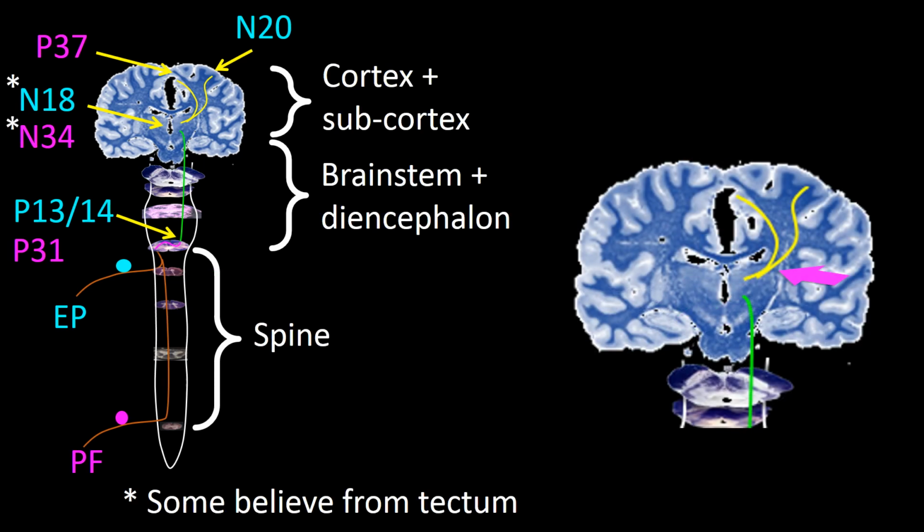At the level of the brain, a lesion deep in the centrum semiovale is likely to produce upper and lower extremity somatosensory evoked potential abnormalities, that is, absence of P37 and N20.